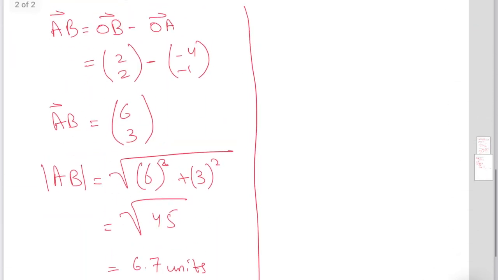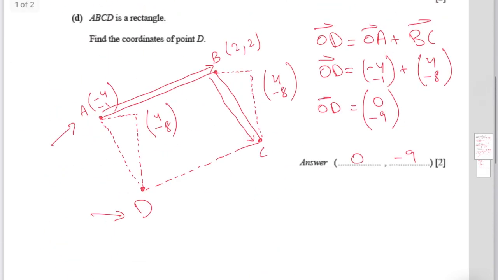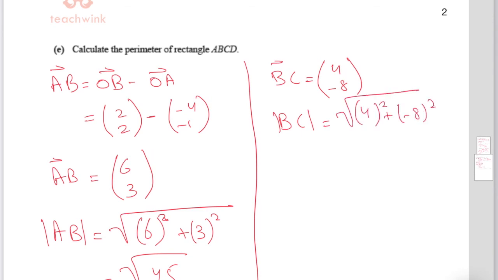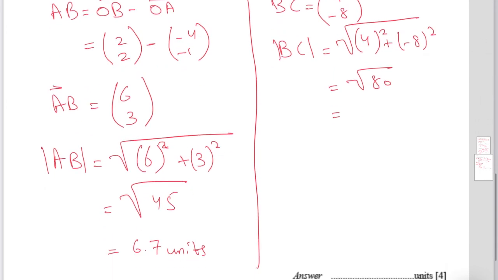For BC, we do have the vector. The vector BC is (4, -8). Let's find the magnitude of BC. Both of them go inside the square root sign and get squared, -8 squared. So we get 16 plus 64, which gives us root 80. Root 80 comes out to be 8.9 units.